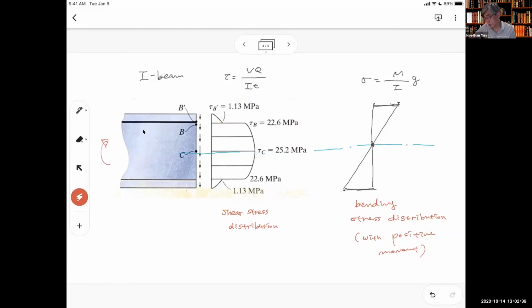So this is only a function of y, which is the distance from the neutral axis. This is a straight line. And this is positive, so I can draw this as negative, and this is positive, right? Tension, compression.